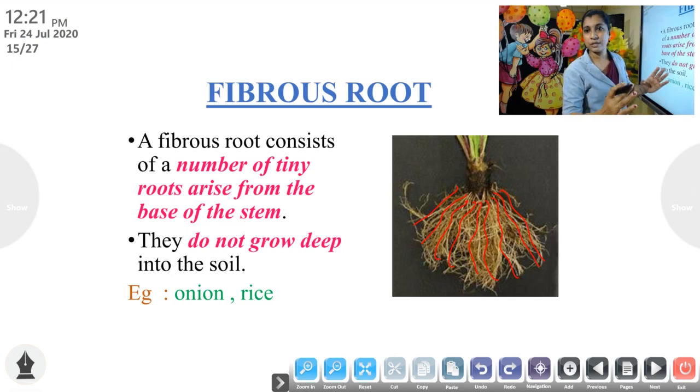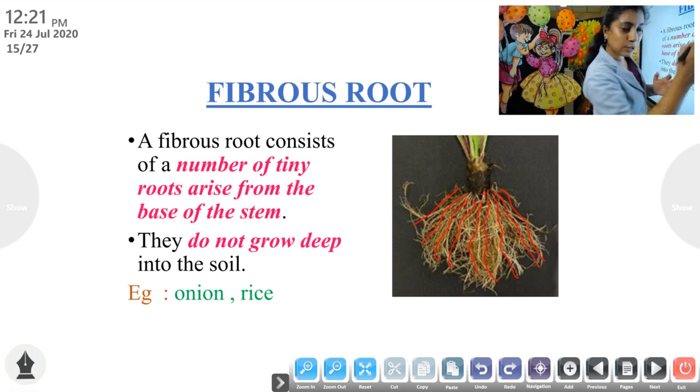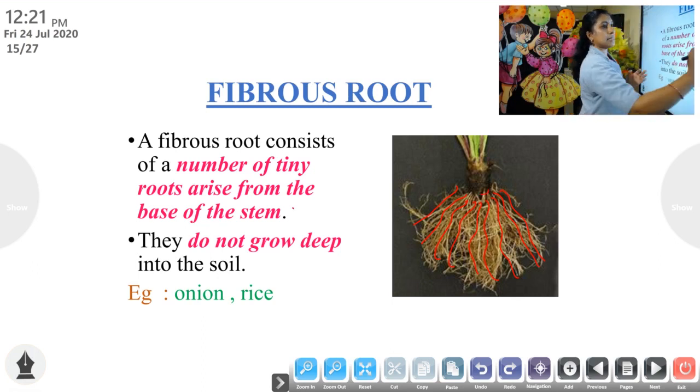That is the fibrous root system. A fibrous root consists of a number of tiny roots. Tiny root means small roots. Number of small roots arise from where? Arise from the base of the stem. That is the first point.